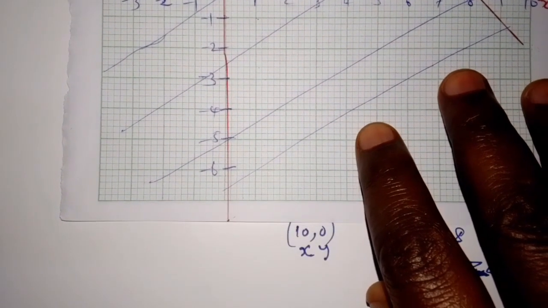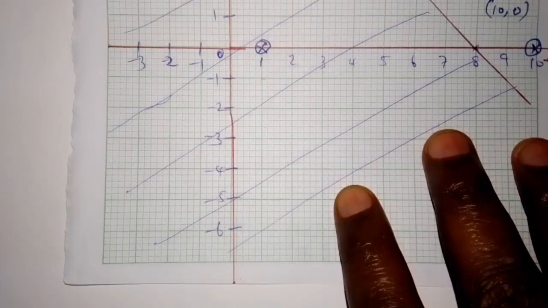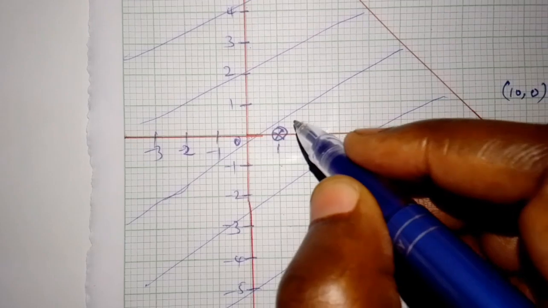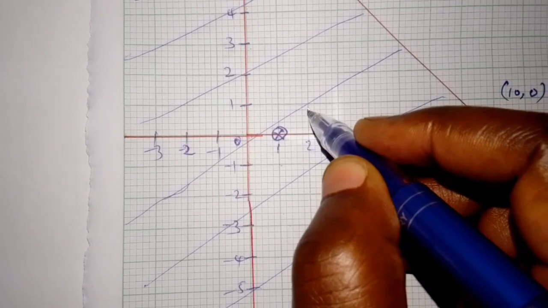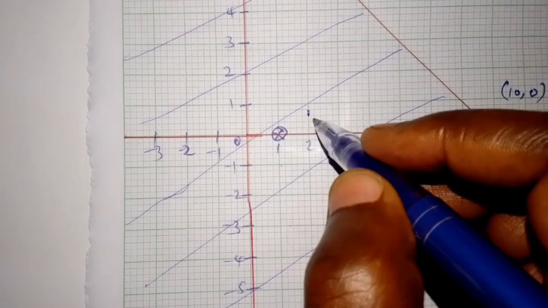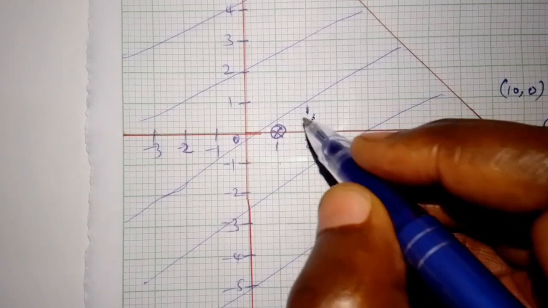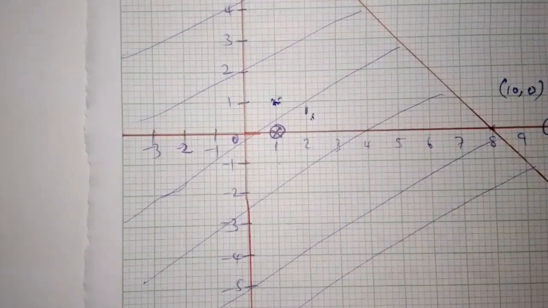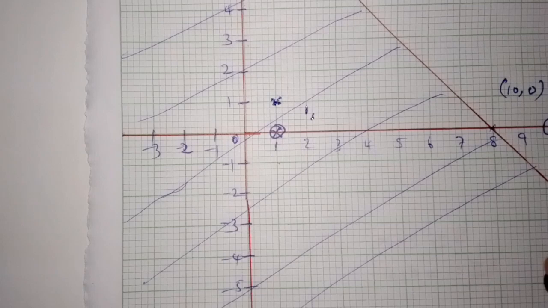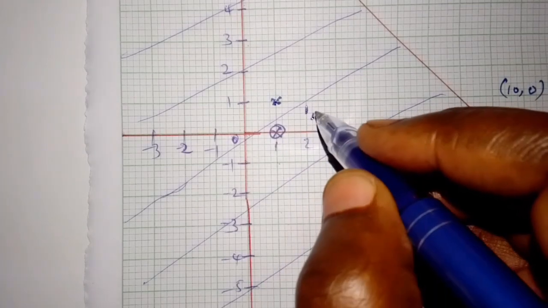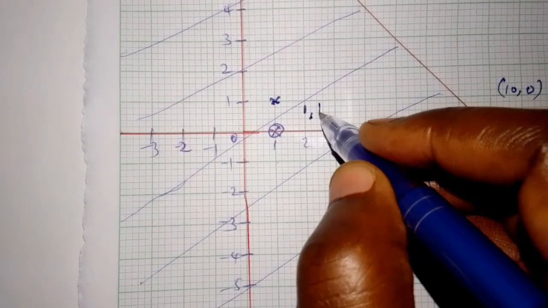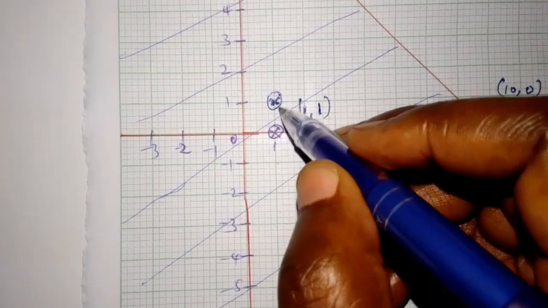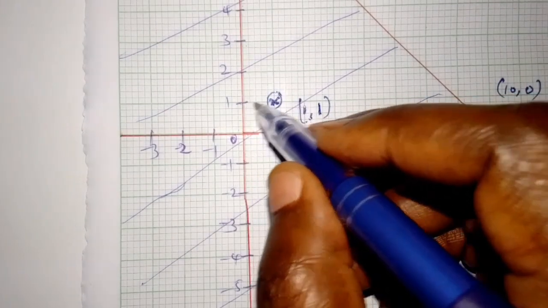We can test another point or another coordinate. This is x, y. We can test this point here, where x is 1 and y is 1.